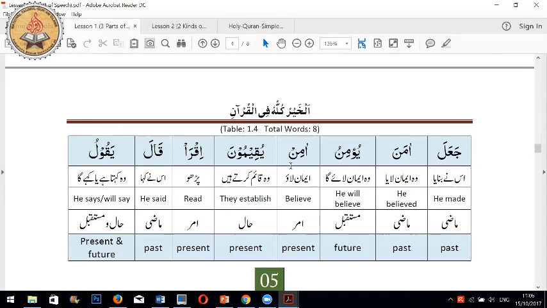Okay, now remember, Arabic is a very scientific language. Each and every letter and a certain stroke on top or below is very indicative of how it should be translated and understood.